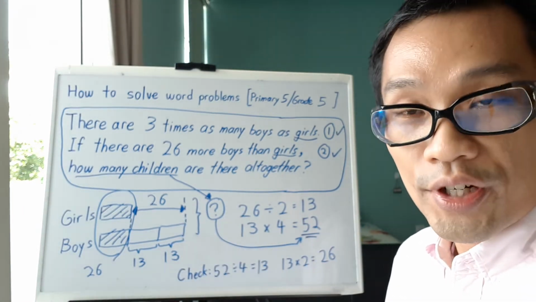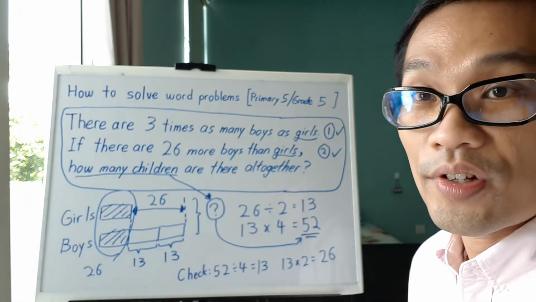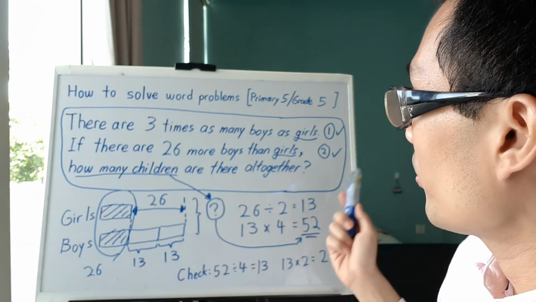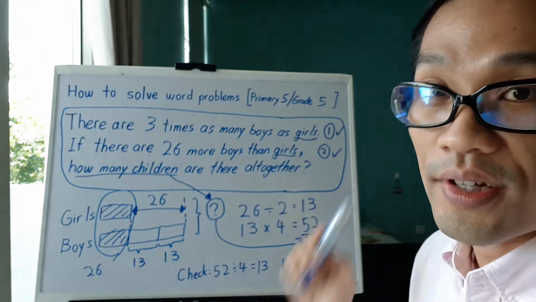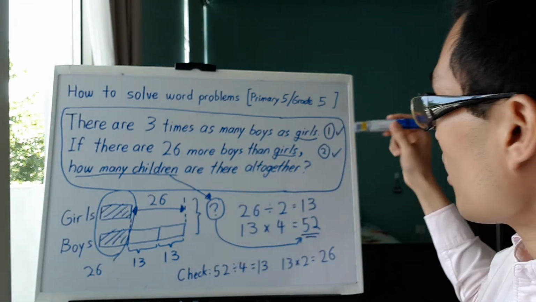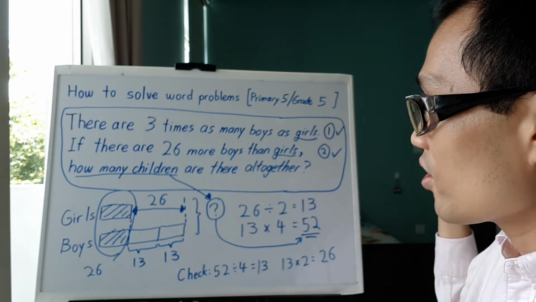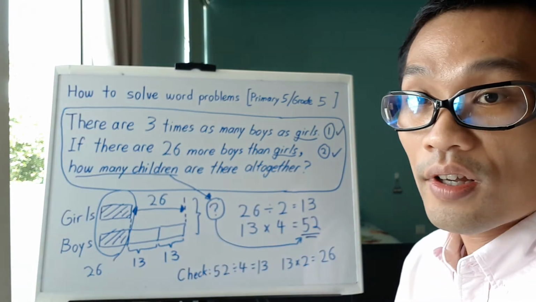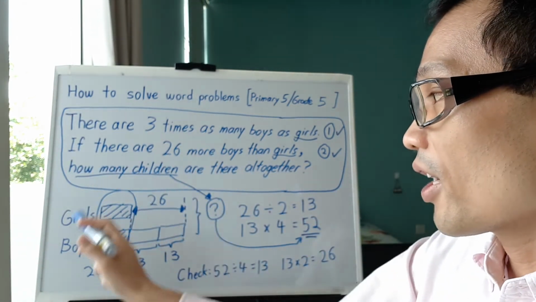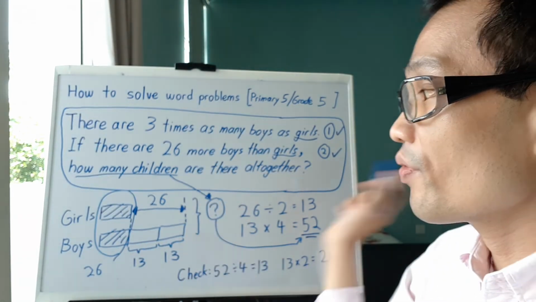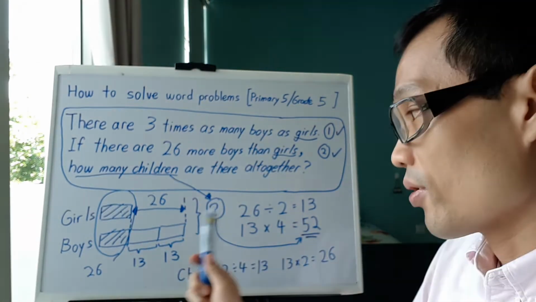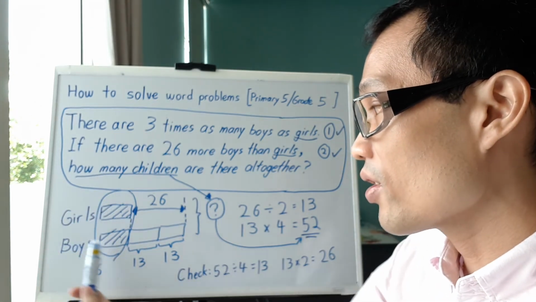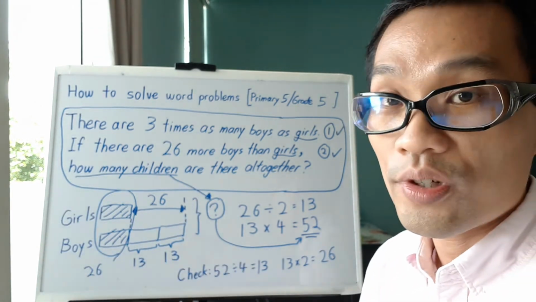So let's have a recap of the entire solving process. So step 1, first of all, break the word problem information down into sentences. As you can see, I've broken it down into sentence 1, sentence 2, as well as finding out what to solve for. Second part, use a diagram to represent the information for each sentence. As you can see over here, I represented the information for sentence 1 and 2 with this units diagram.